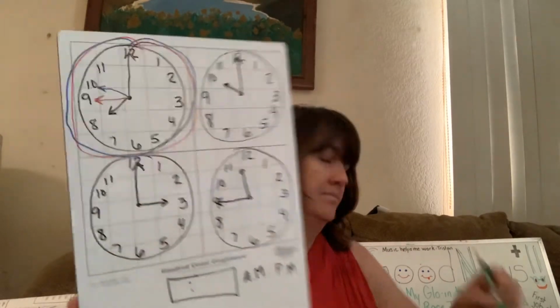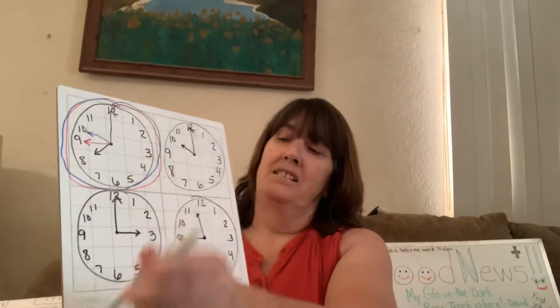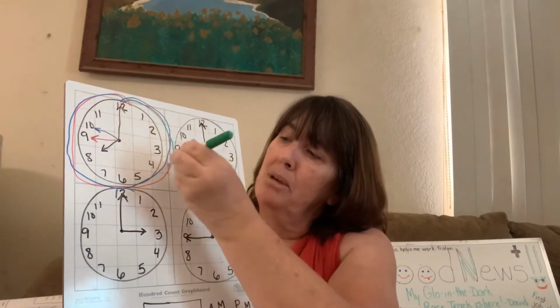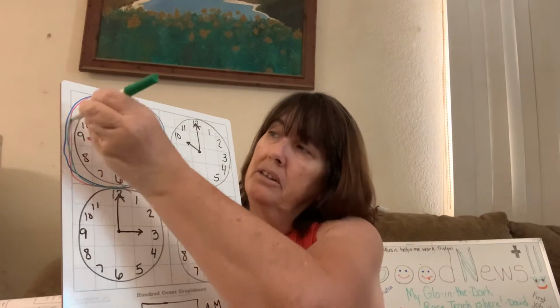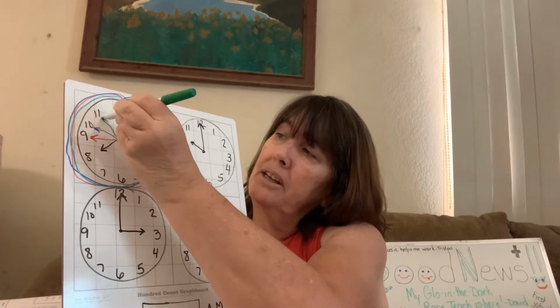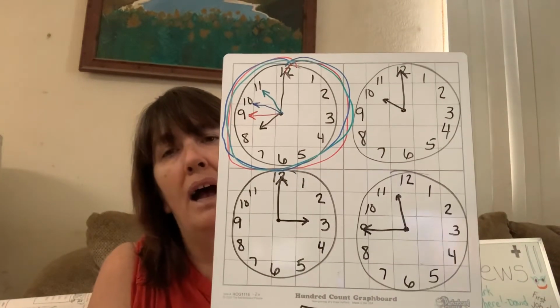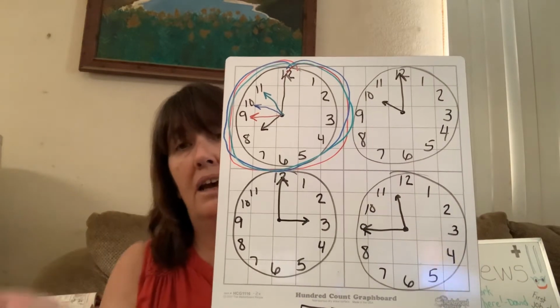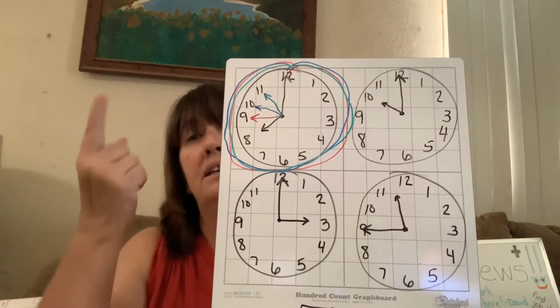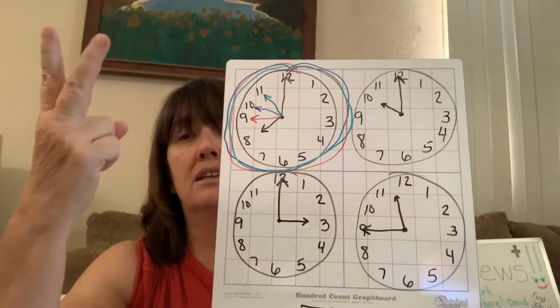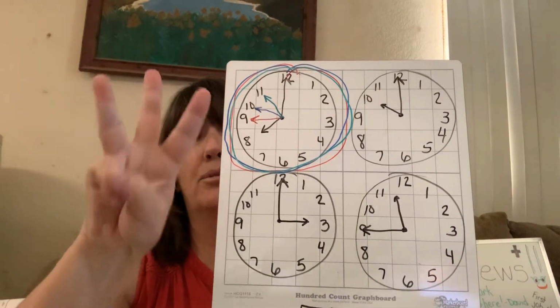Then we have 1 more hour that we're gonna move our minute hand around, and our hour hand is then going to land on the 11 o'clock, right? So how many hours has passed between 8 o'clock and 11 o'clock? How many colors? 3 colors. How many hours? 9 o'clock, 10 o'clock, 11 o'clock. 3 hours.